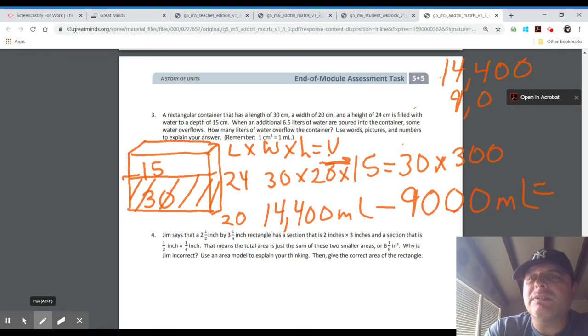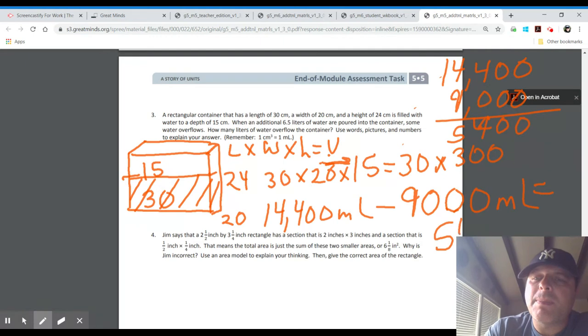The zeros give 0, 0, 0 and 4, 4. We take 9 away from 14, and we get 5. So our answer is 5,400 milliliters of space left.